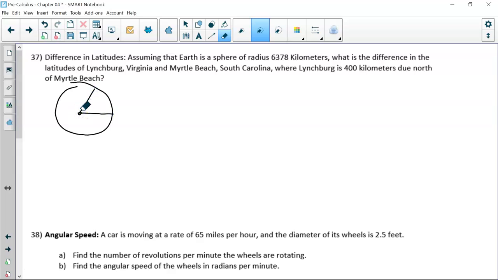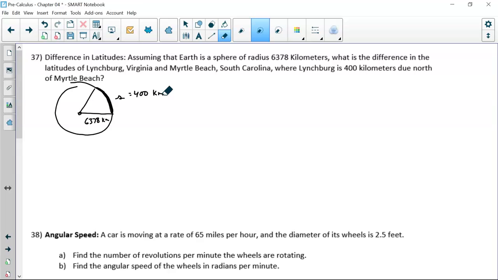What's happening here is that the radius is 6,378 kilometers, and the distance is not a line, but it's along that curve. So that length, S, is 400 kilometers.